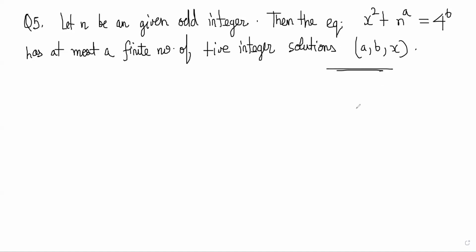We have to prove that the equation has only a maximum of a finite number of positive integer solutions for a, b, and x.